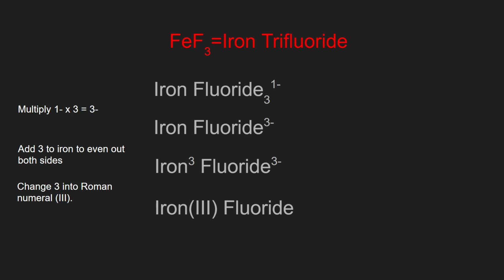So then we would start out with iron fluoride 3 with the charge of 1 minus, and we would multiply 3 times 1 minus to get the answer 3 minus.